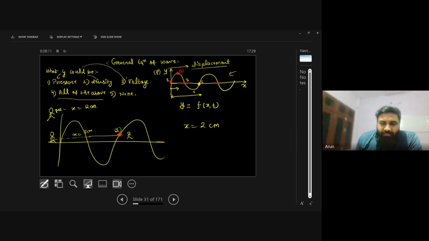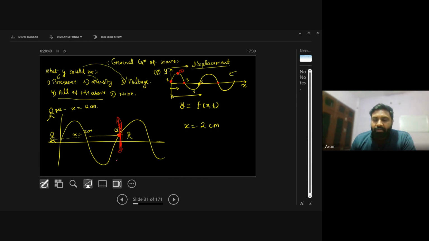But when you take your notebook and start writing the equation, suddenly you will see that this particle is not stationary. This particle is also oscillating. It is also changing its displacement with respect to time. Got it? Because after some time it will be here, after some time it will be here, because it is oscillating to and fro with respect to time.